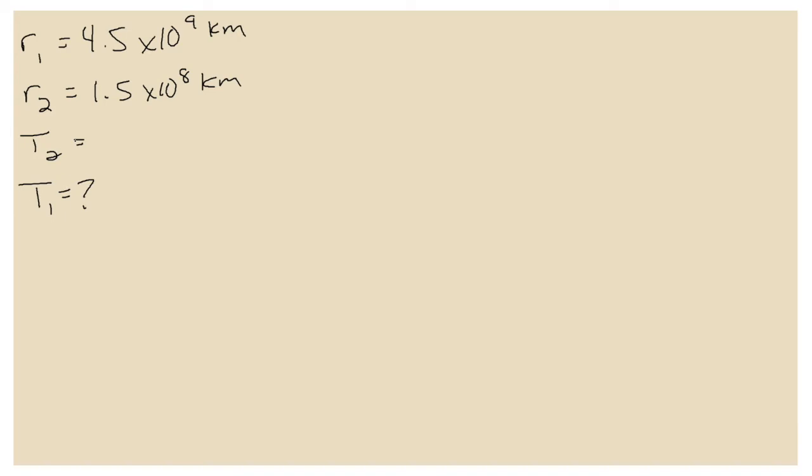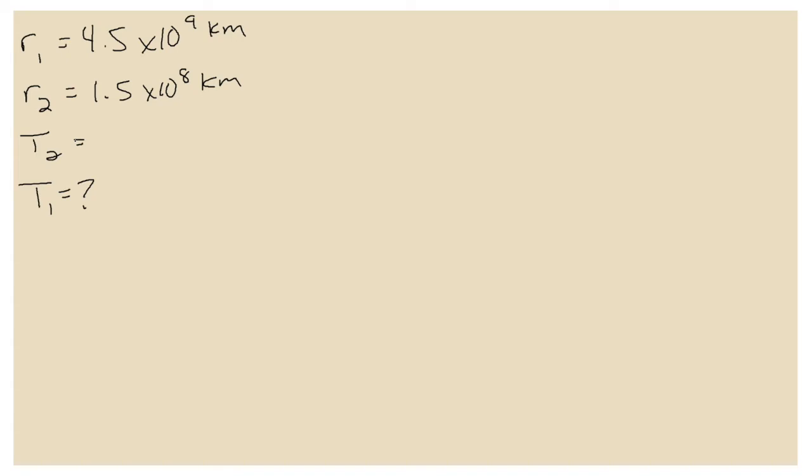Does anybody know the orbital period of the Earth off the top of their head? I don't know what it is. I could figure it out in seconds. But the point is, you don't need to figure it out in seconds. Just as long as you realize that whichever unit you use for the period of the Earth, T2, that's the unit you're going to get for T1.